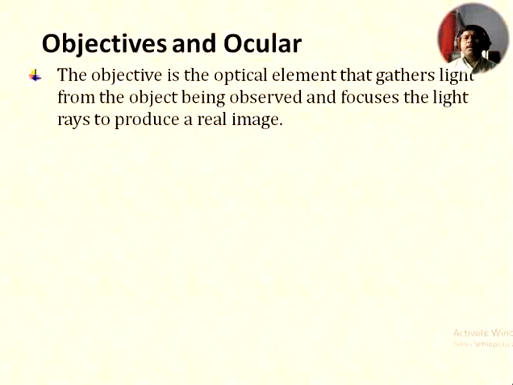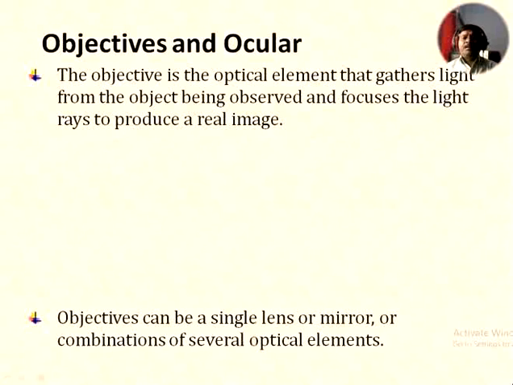Means the main function of the objective is to gather the light from the object being observed and focus the light rays to produce the real image of our object or specimen. So this objective is an optical part and it plays an important role in visualizing the specimen.